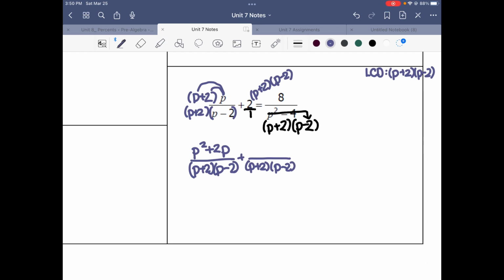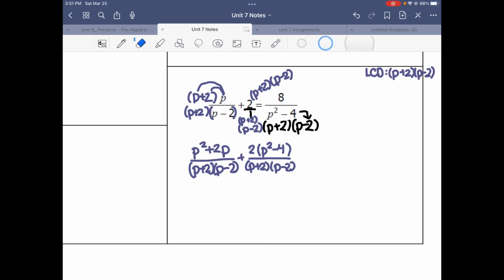And I forgot to write it down here earlier. When I did it to the top of this fraction, I should have also written it on the bottom. And then instead of writing p plus 2, p minus 2, because I know that I need to multiply this out, I'm going to go ahead and change it back to p squared minus 4.